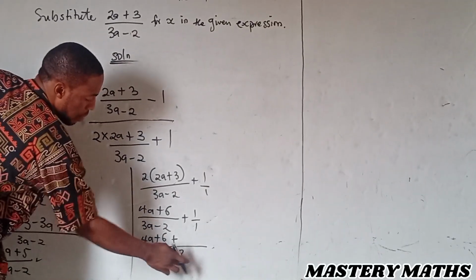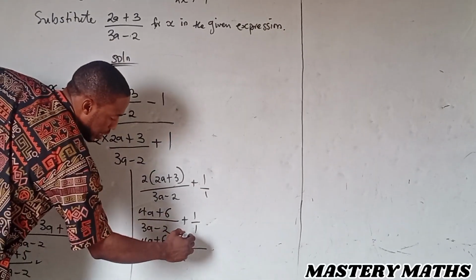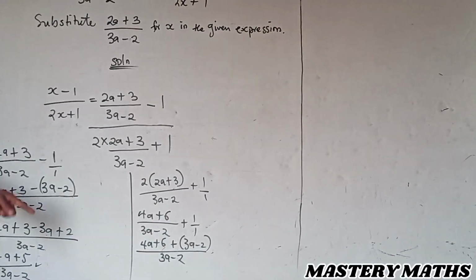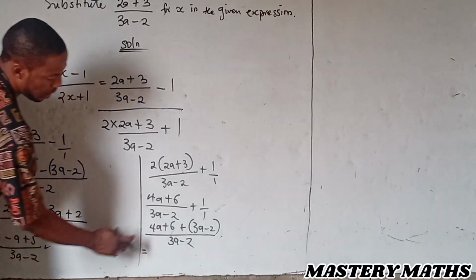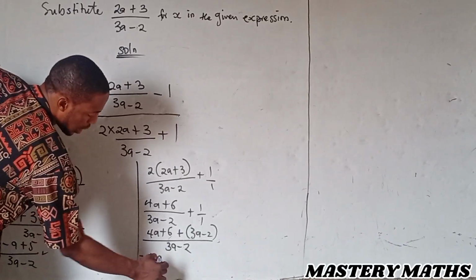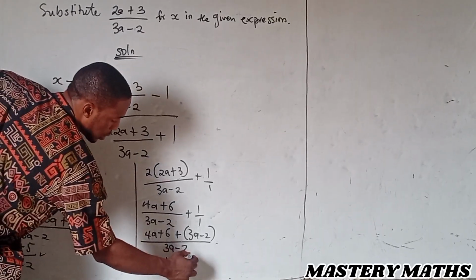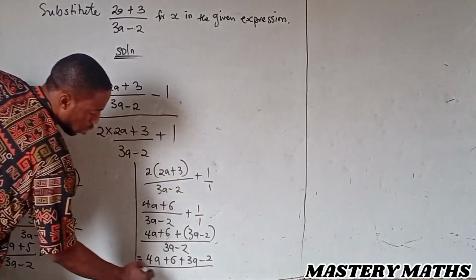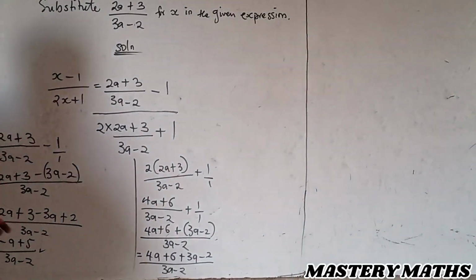Plus, 3a − 2 into this, 3a − 2 times 1, open the bracket, 3a − 2. See it now? Now the next thing we need to solve to get a final one. You say your 4a + 6 plus 3a, plus times minus is minus 2, all over 3a − 2.